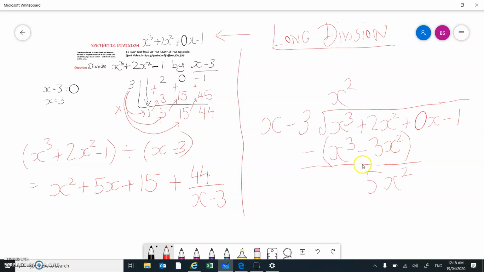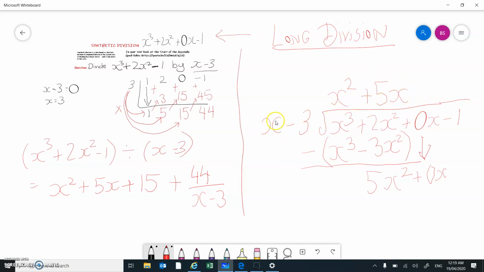When we do polynomial long division, we like to have two things on each line. So we need another term here. That's where we grab the 0x and bring that down. Then we say 5x squared divided by x is positive 5x. Let's do our check.